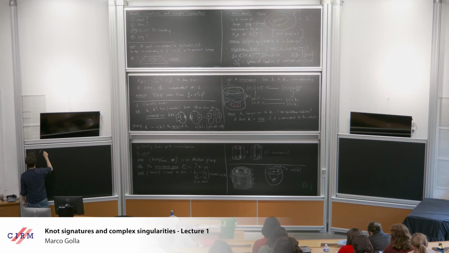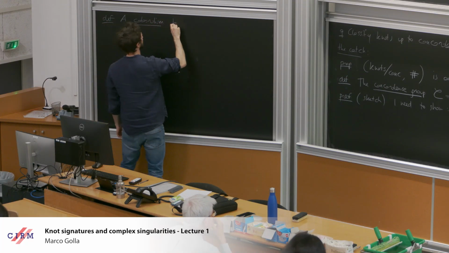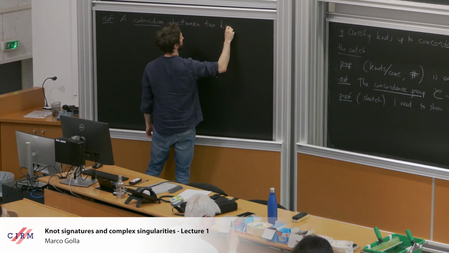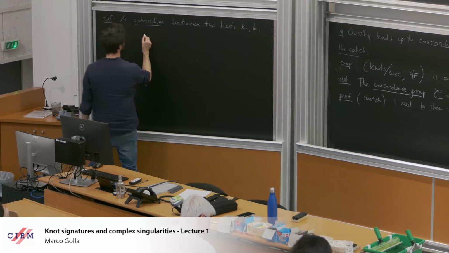So the cobordism between 2 knots K0, K1 is an embedding.